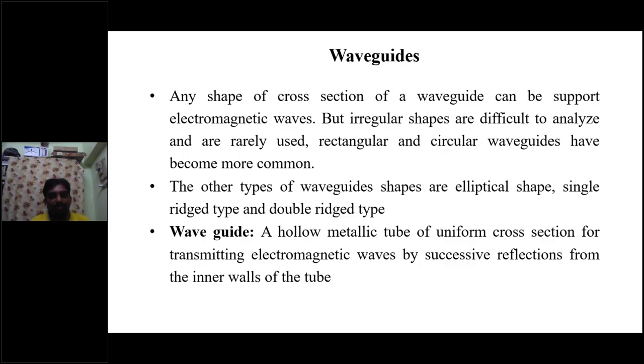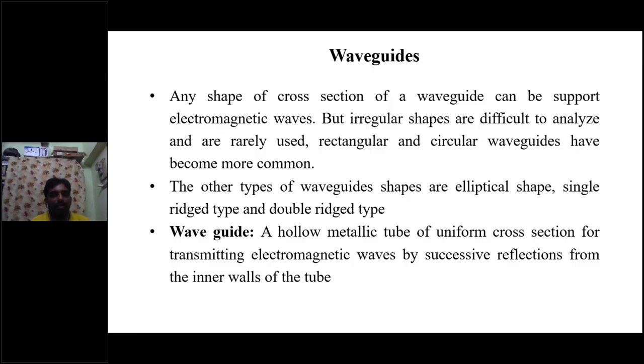Whenever we transmit an electromagnetic wave in any type of waveguide, we must analyze it. But the analysis of a waveguide is easily possible only for regular shapes. For irregular shapes, the analysis is very difficult. That is why most waveguide analysis is done with rectangular and circular shapes.